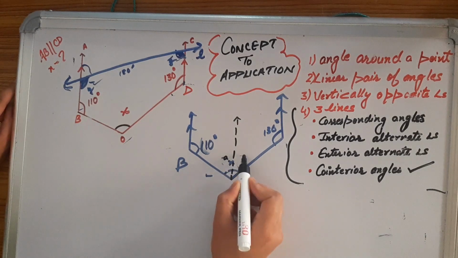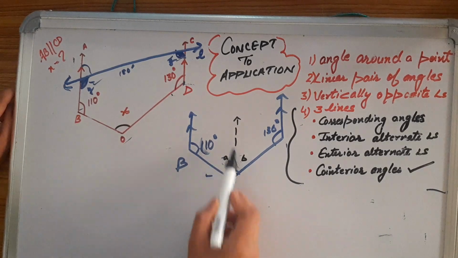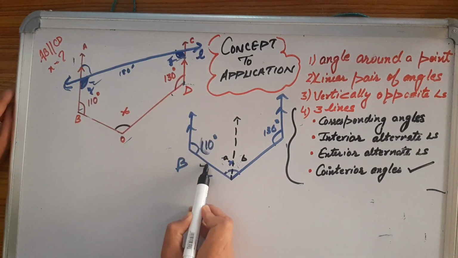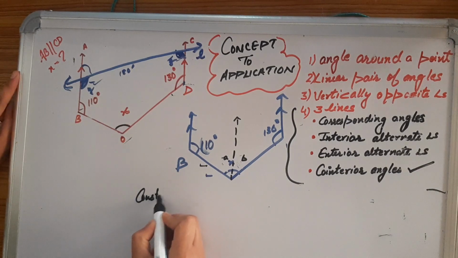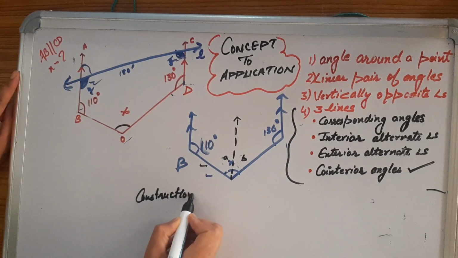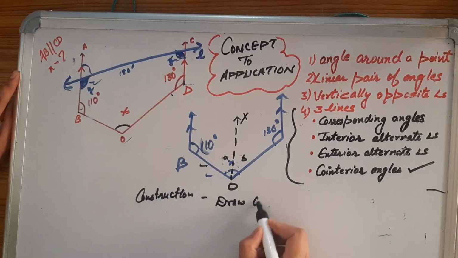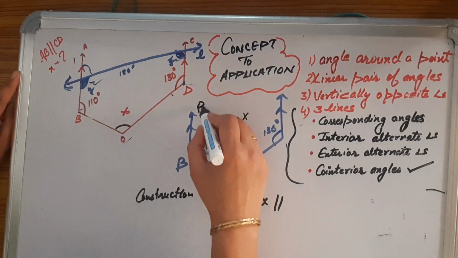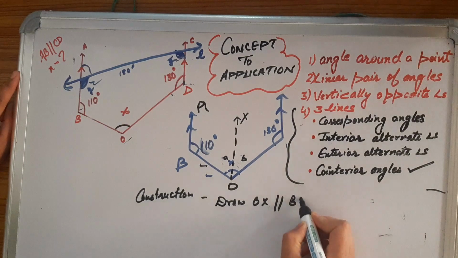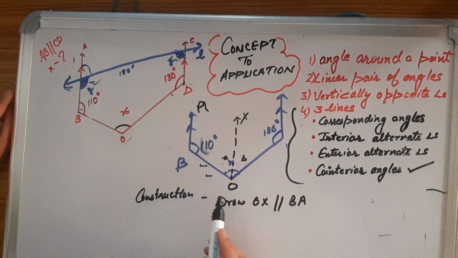We may call them A and B. And what is your construction? I said we didn't have another parallel line. If this has to work as a transversal, what is our construction going to be? Our construction is going to be from O, draw OX parallel to BA.